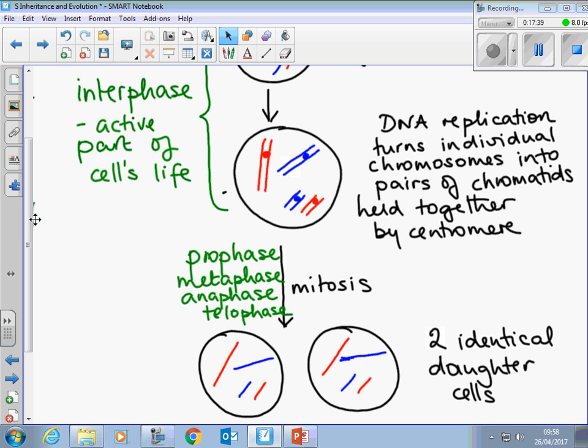So between divisions, there's just one of these, and then as division starts, the centriole replicates.